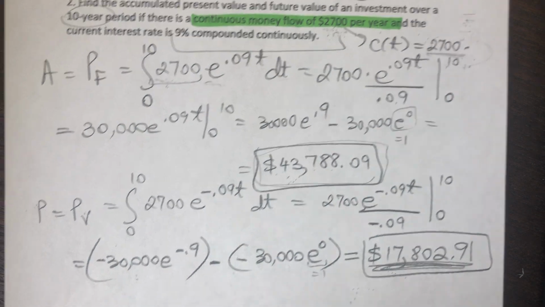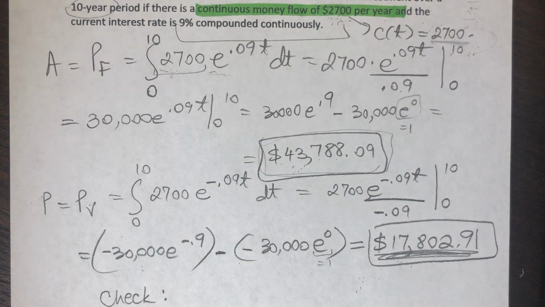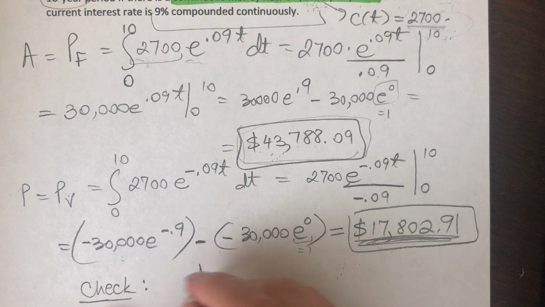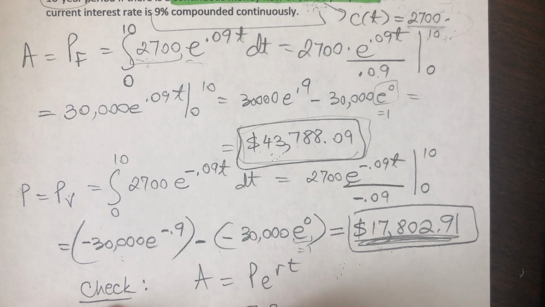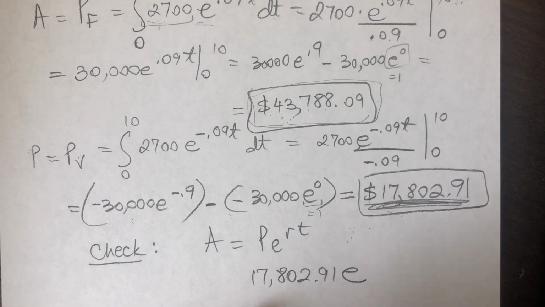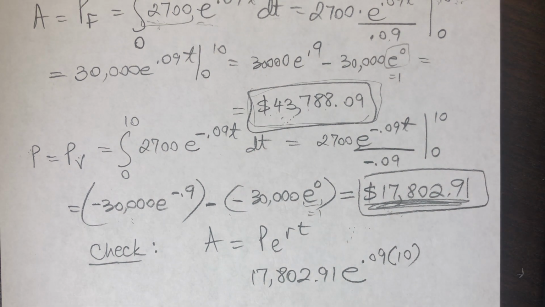Sure enough, it's nice. Now let's check. What I'm checking is this. If I invest $17,802.91 right now, and I leave it at 9% interest rate for 10 years, how much money would I get?